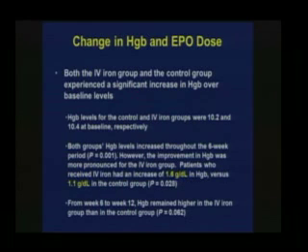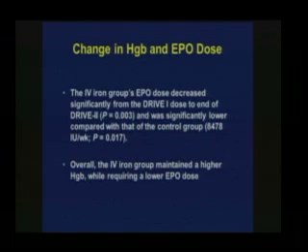Patients who received IV iron had an increase of 1.6 grams compared to 1.1 in the control group, and the hemoglobin continued to remain higher in the IV iron group in the second phase as well. Overall, the IV iron group maintained a higher hemoglobin while requiring a lower EPO dose.